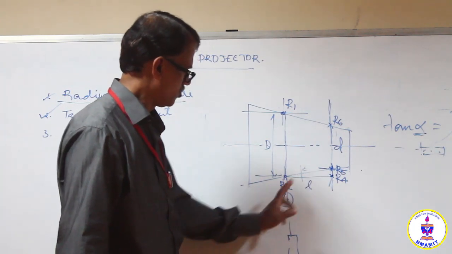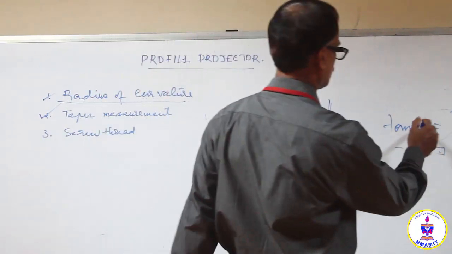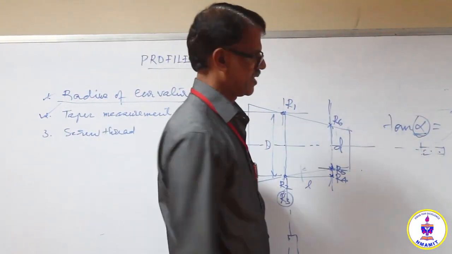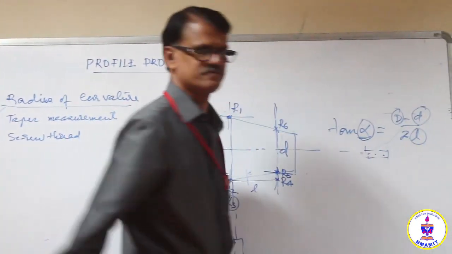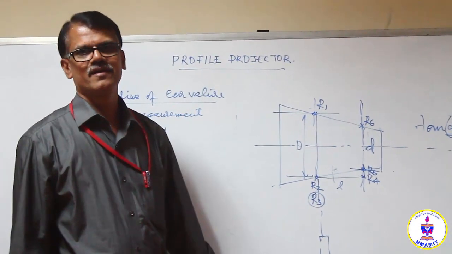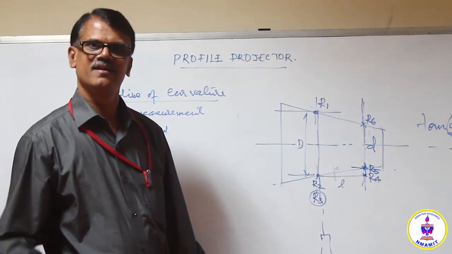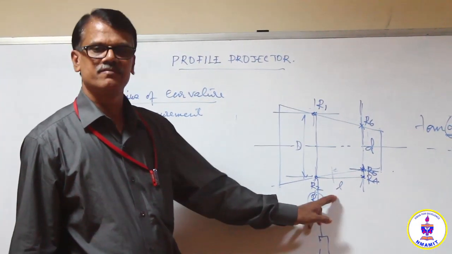Difference between R4 and R3 will give the length. Now substitute in this equation in order to get the taper angle. So this is obtained, this is obtained, this is obtained. So find the half taper angle alpha from the equation from these parameters.